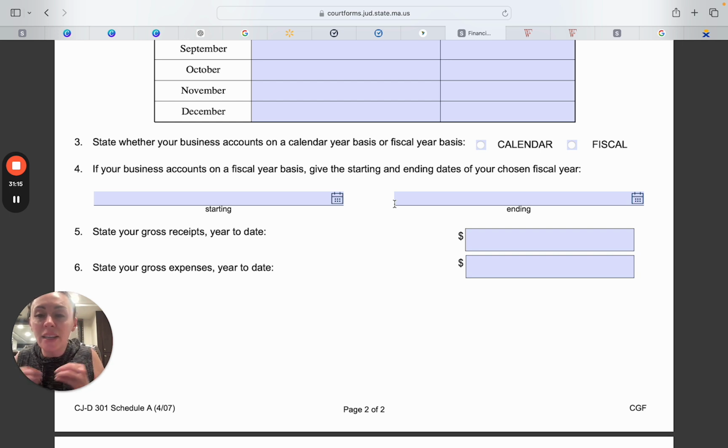But I would say 9.5 times out of 10, our clients, most businesses, are on a calendar year. They're accounting for their business on a calendar year, January to December. If you are on a fiscal basis, you have to give the court the starting month and the ending month. So you have to fill out that section.